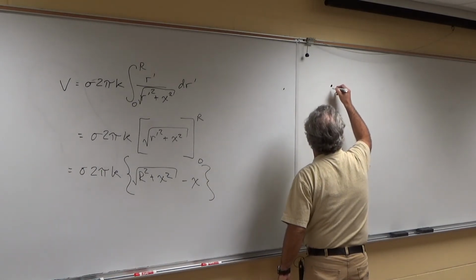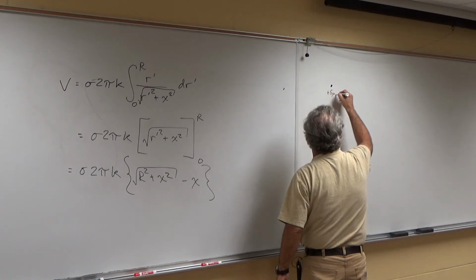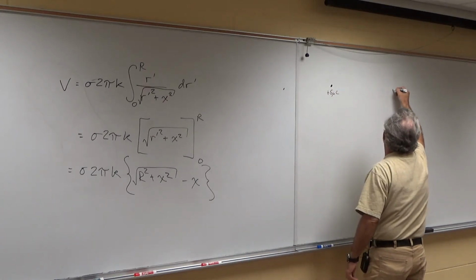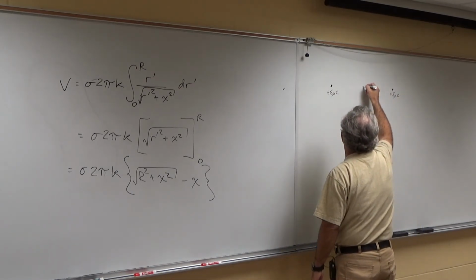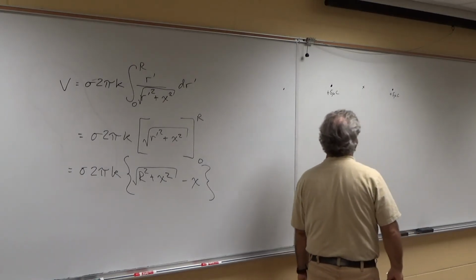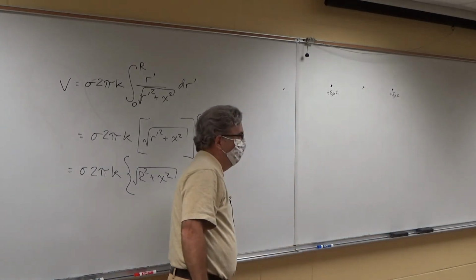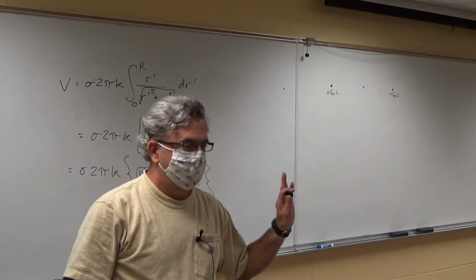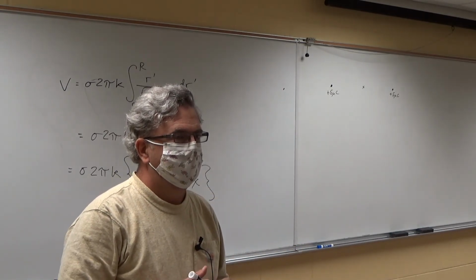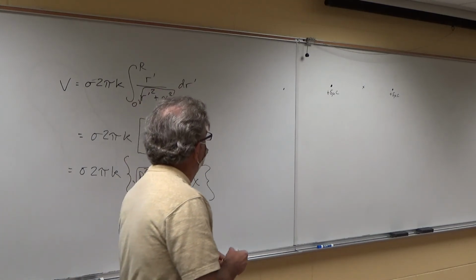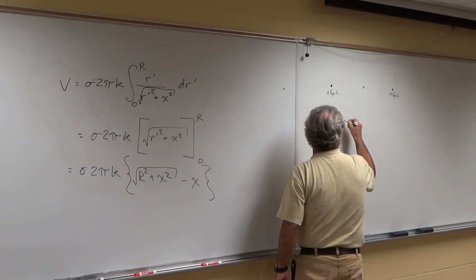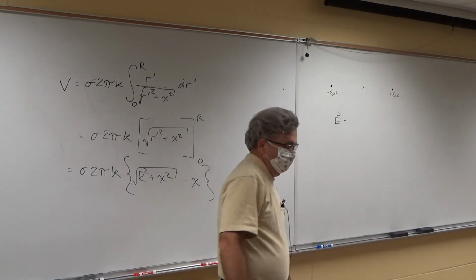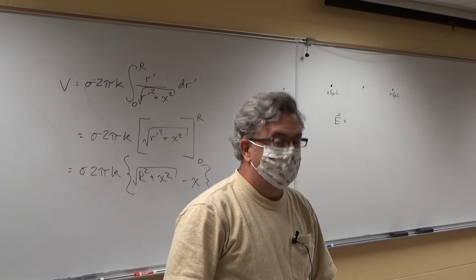Here is a +5 microcoulomb charge, and over here is another +5 microcoulomb charge. And I'm here at some point in between the two, the midpoint, halfway between the two. What is the electric field at this point? I'm not really worried about the magnitude, the number.